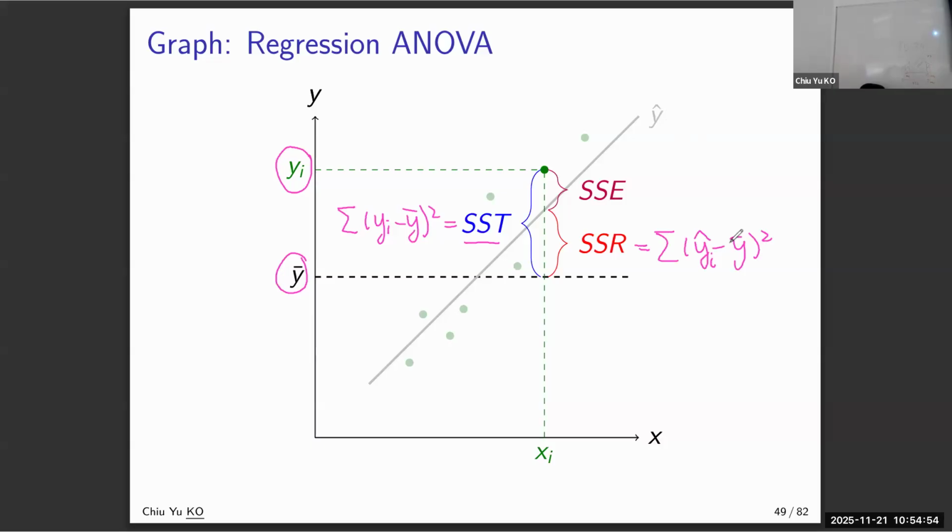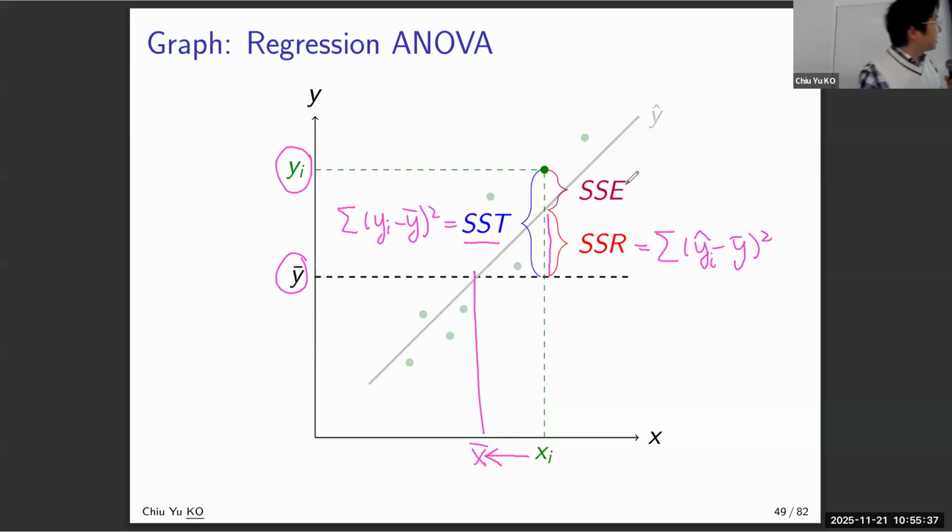The model tells you that if your x is away from x bar like this, then that's why your y increases like this. You explain why y is different from y bar because x is different from x bar, and you explain it by this line. So this is called the SSR, the sum of squares regression.